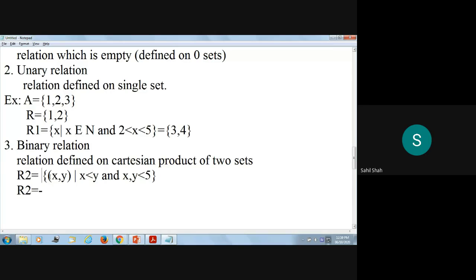Less than 5, but we will be considering only positive integers, remember. Let me write here: and (x, y) belongs to natural numbers. So now you will not tell me about negative numbers or zero either. So what are the elements of R2? Can you tell me?